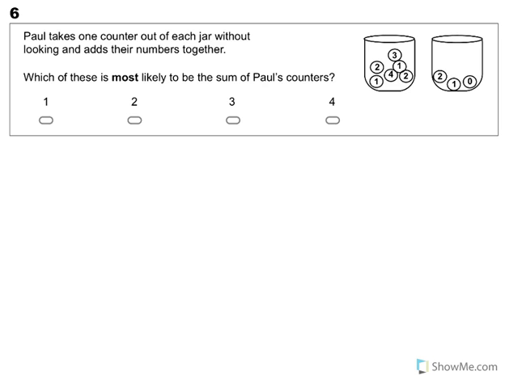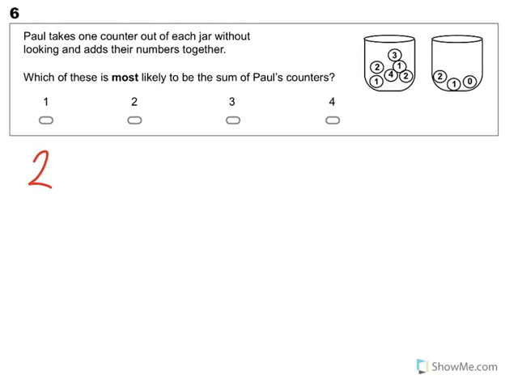Okay, moving on to question 6. Let's look at all the different ways that Paul can get 1. He can get this 1 and this 0, or he could get this 1 and this 0. So there are 2 ways.